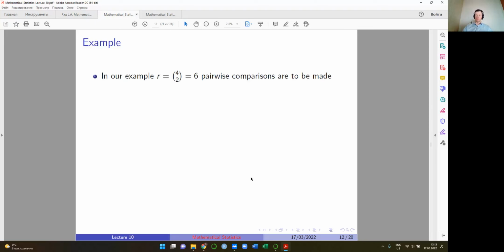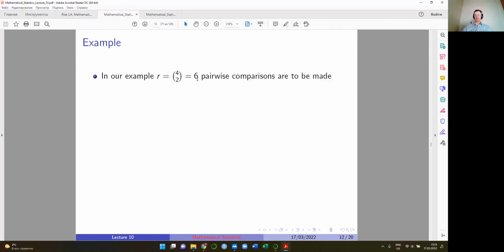So how do we apply this to our example? We have 6 pairwise comparisons to be made. This is the binomial, the number of combinations. I hope you remember the probability course and the counting, lecture number 4, I guess.